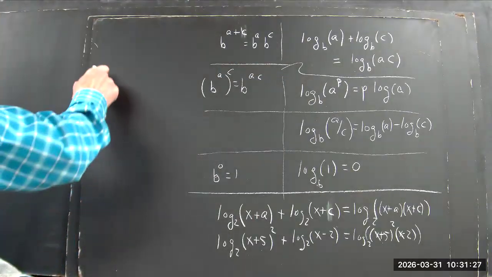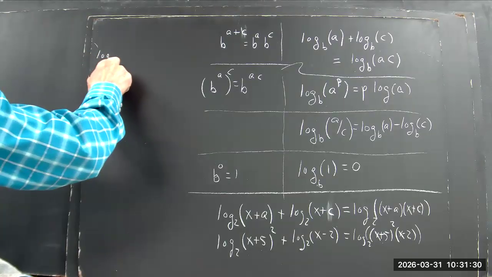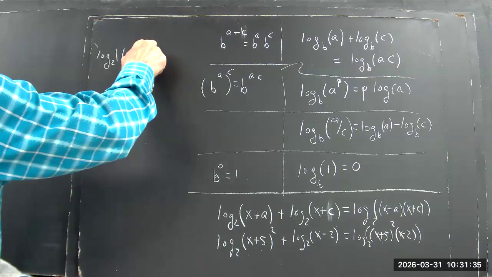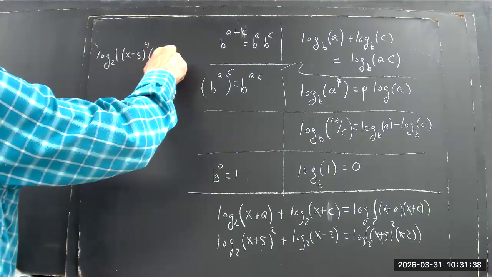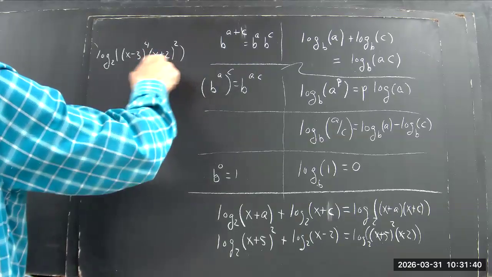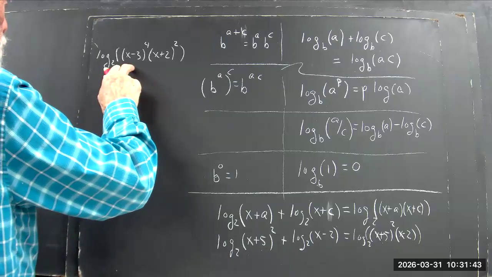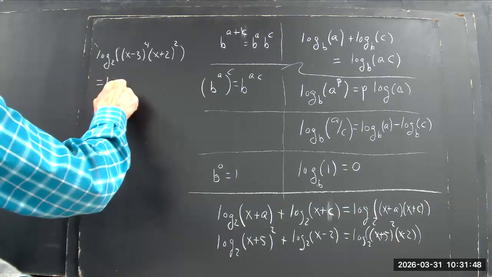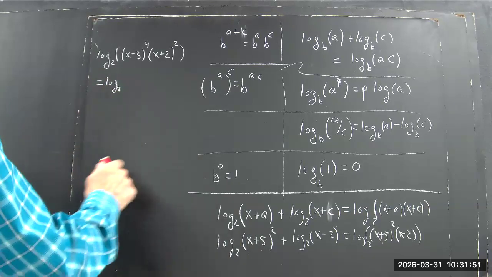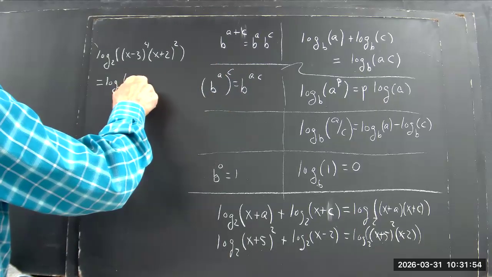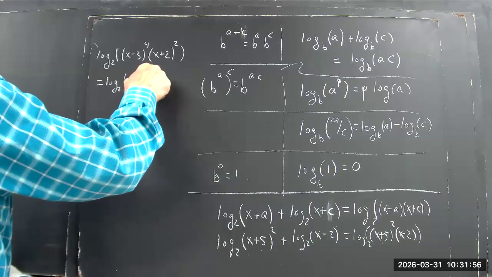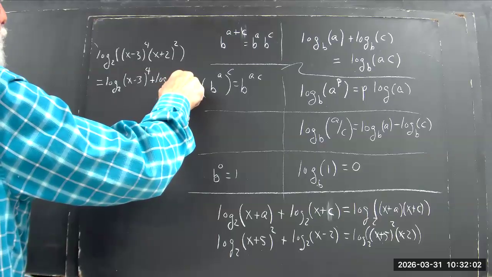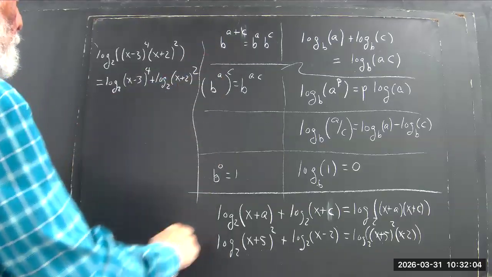More commonly, we're going to see expressions like log base 2 of x minus 3 to the fourth times x plus 2 squared. That's going to be, by the first rule again, log base 2 of x minus 3 to the fourth added to the base 2 log of x plus 2 squared.